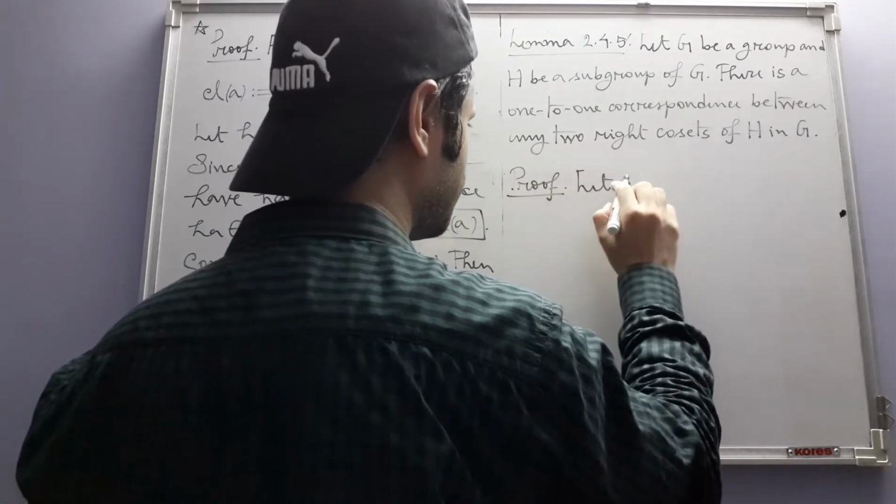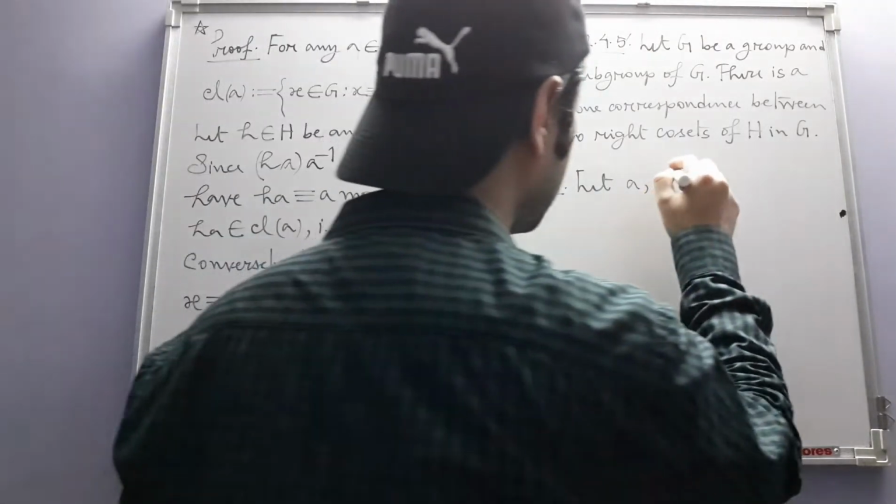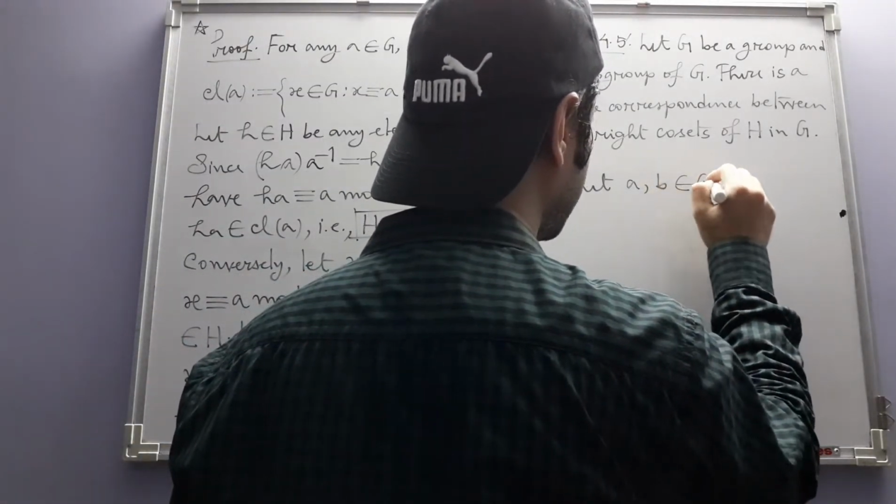Let A and B, for two right cosets we need two elements. Let A and B be two elements in G.